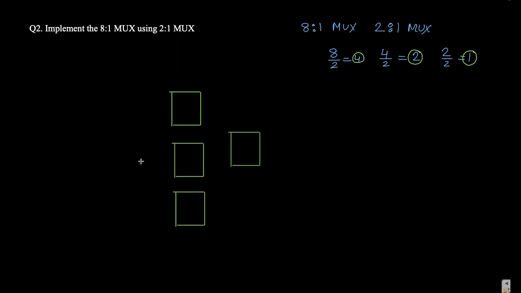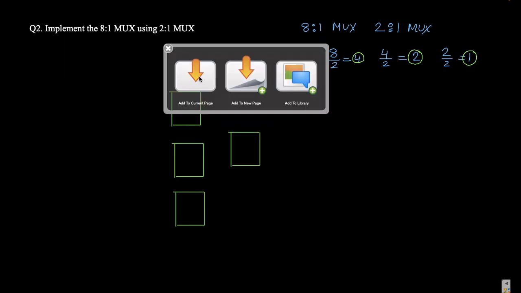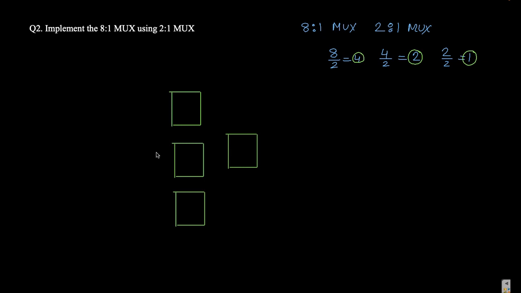Again you have to make another copy. So this becomes 4, this becomes 5, and this becomes 6.